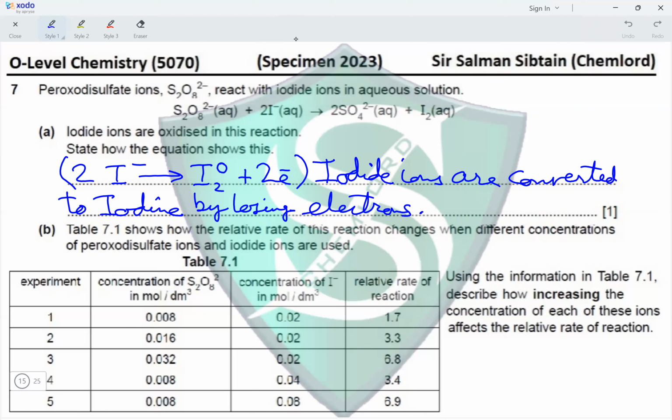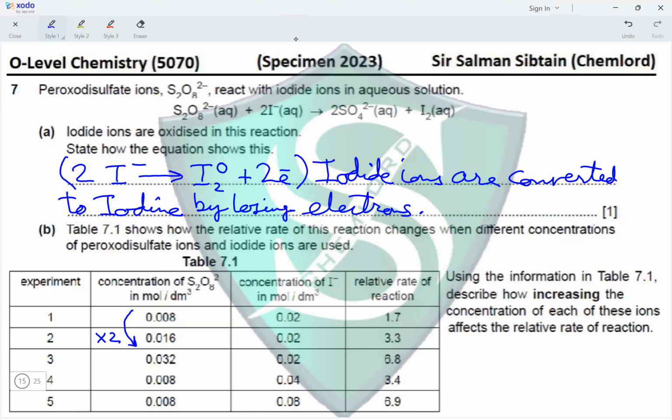rate of reaction. So what we need to do here is figure out the effect on the rate of changing the concentration of one of the reactants while keeping the concentration of the other reactant the same. If you look at experiments 1 and 2, we have the concentration of S2O8 2- doubling. How do we know it is doubling?